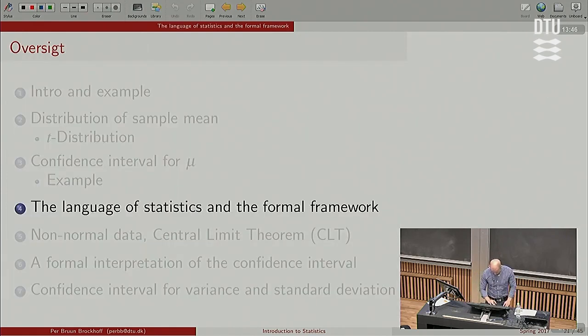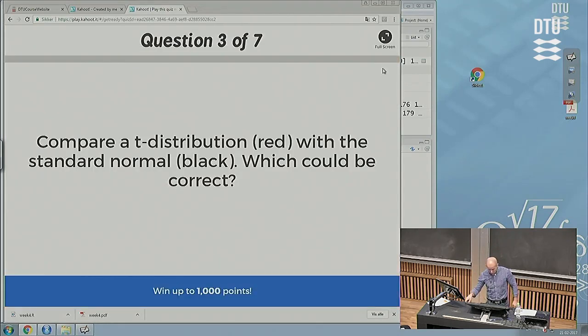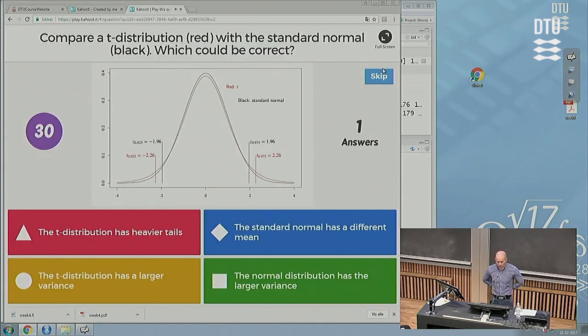Let's do the final little Kahoot before the break. Red, t-distribution, black, standard normal.